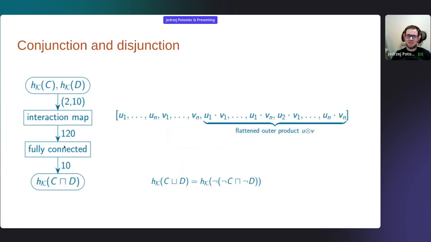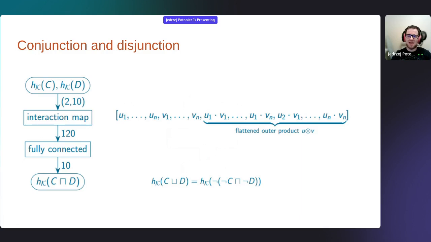The layer gets not only the embeddings themselves, here denoted by U and V, but also their outer product. So we transform two embeddings, 10 values in each, into a vector consisting of those two embeddings, that's 20 values, and their outer product, which adds another 100 values.